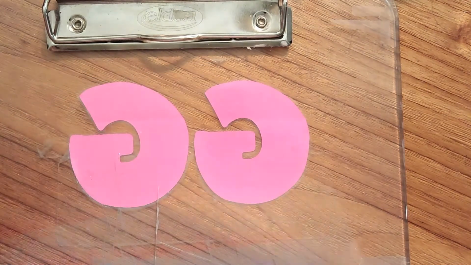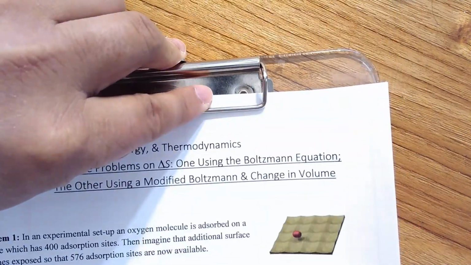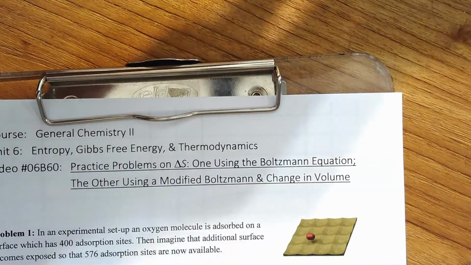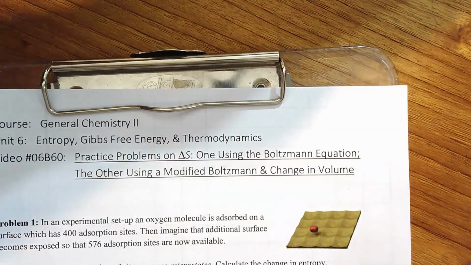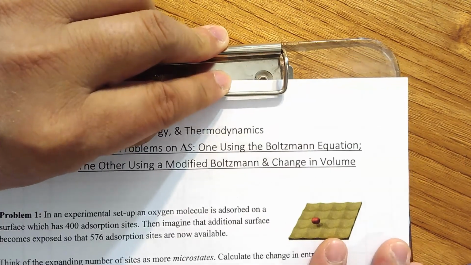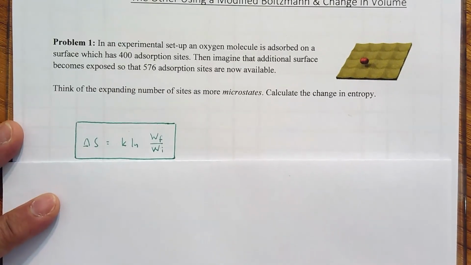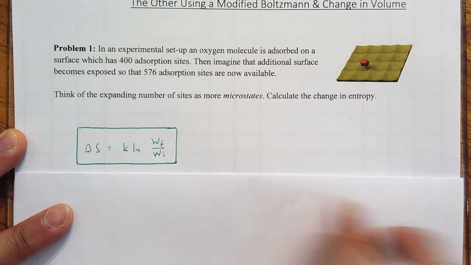I actually worked ahead and did this. So what you can do at home, let me cover up the answer. What you could do at home is go ahead and plug in numbers for each problem. Problem number 1, right there. And I wrote the equation for us here.